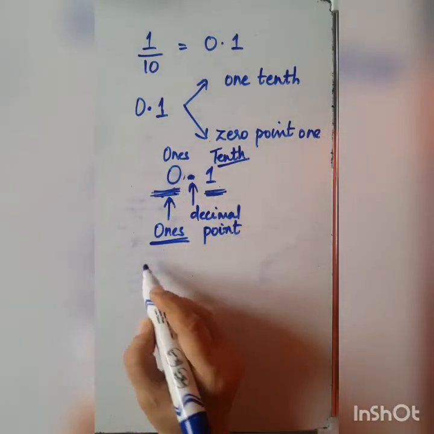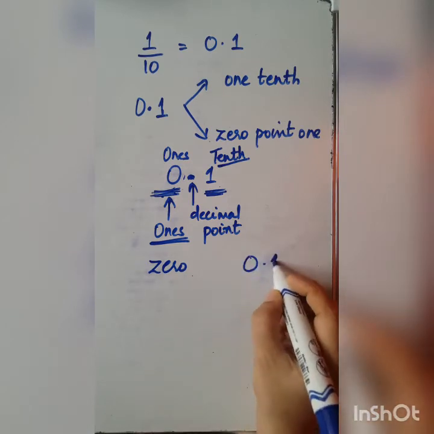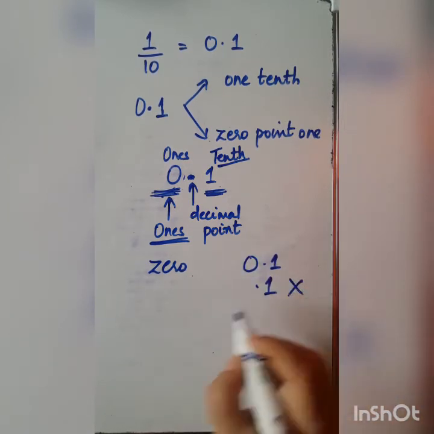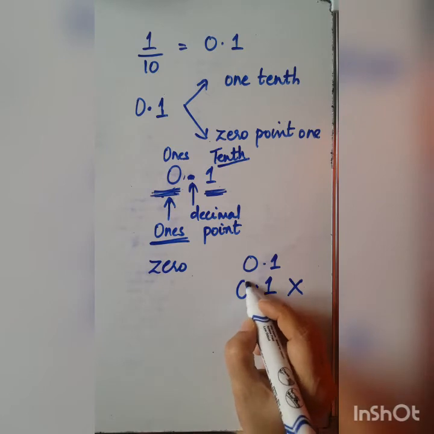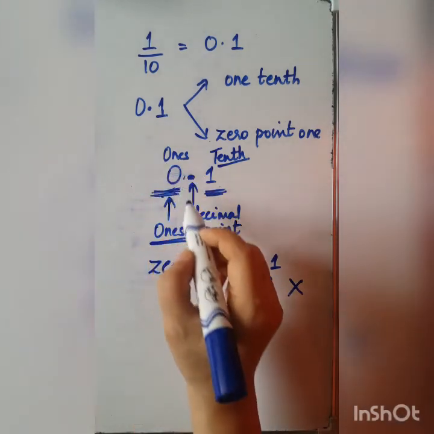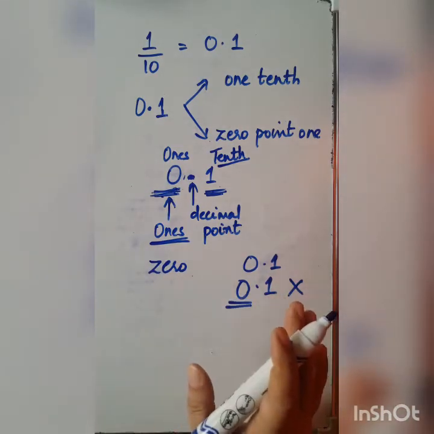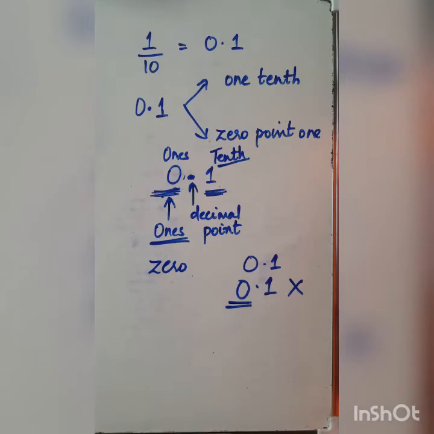You have to write this 0, never skip this 0. You cannot write 0.1 as .1. This is a wrong notation, since this 0 represents that the digit at the ones place is 0. There is no value at the ones place.